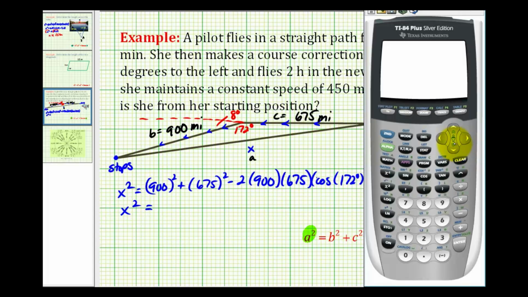Let's start by making sure that we're in degree mode, which we are. So if we're careful, we can type this in all in one step. We'll have 900 squared plus 675 squared minus 2 times 900 times 675 times cosine 172 degrees.